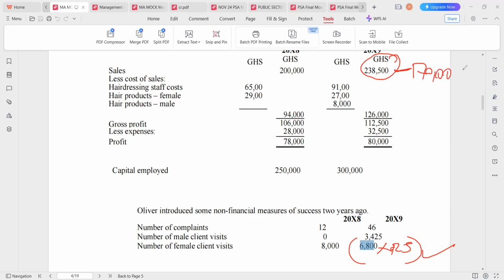How much is coming from male? That was 68,500. Okay, so that's the difference, 68,500. That's the one coming from male. So if it's 68,500, how many male clients were served? They served 3,425. So if you divide this, that will be the price the examiner is looking for.